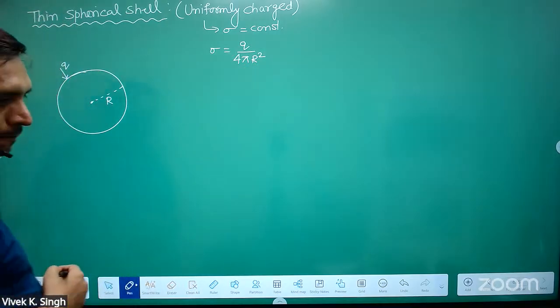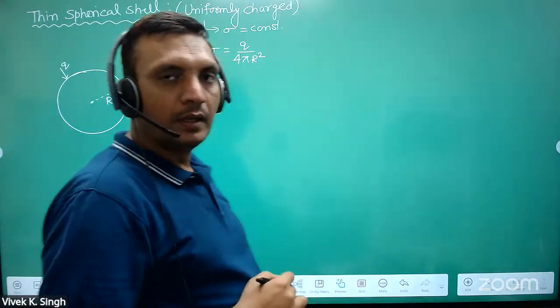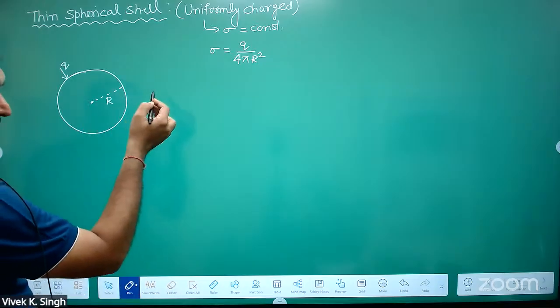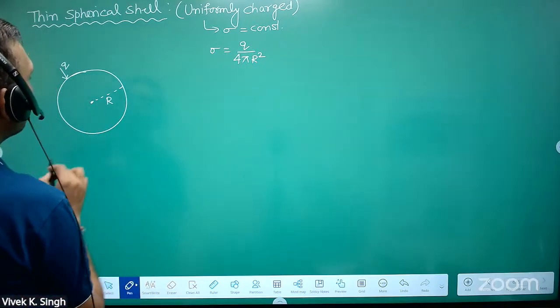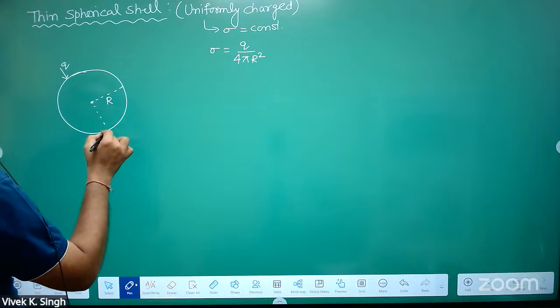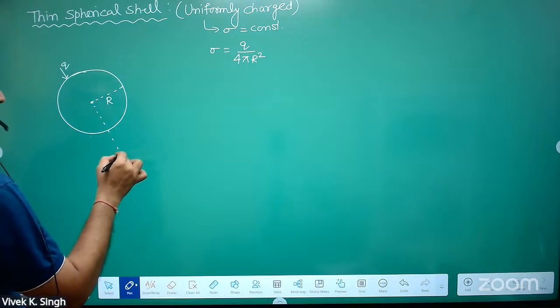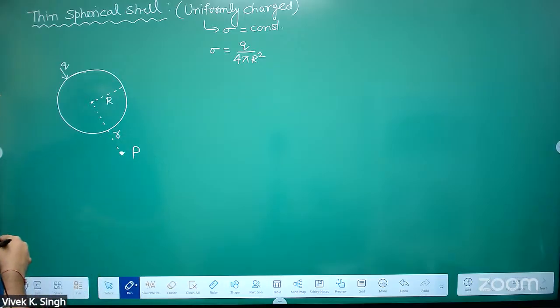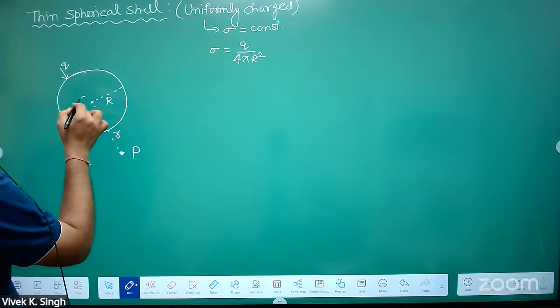Charge Q is uniformly distributed over it, so charge per unit area will be Q by 4 pi R square. Now you have to find the field outside, at distance r away from the center.